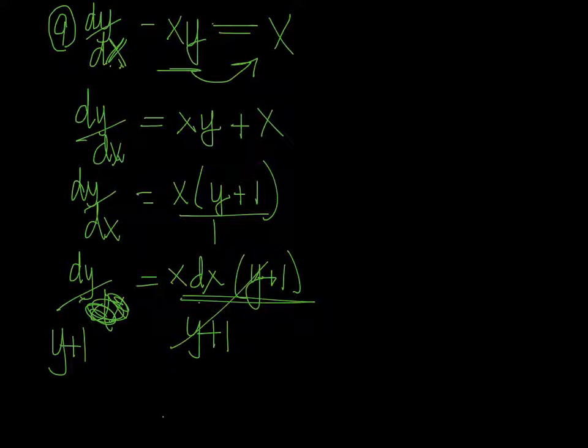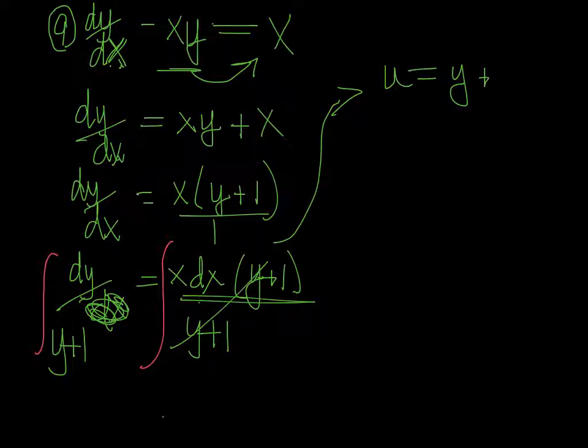All right, now, what we can do now is remember that we're supposed to integrate on both sides. The thing that you need to be a little bit careful of with the left side is you want to make sure that you use u substitution. So I'm just going to bring this up over here. So I would have my u be y plus 1.